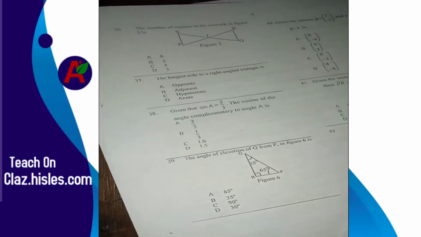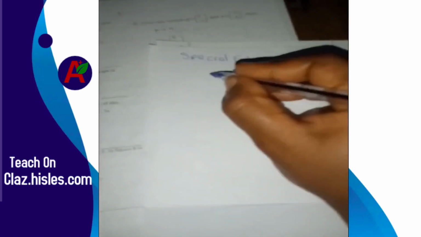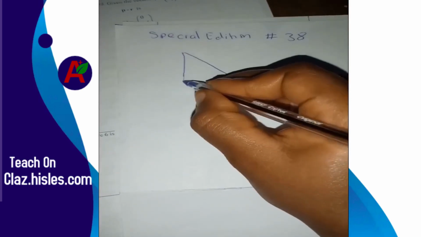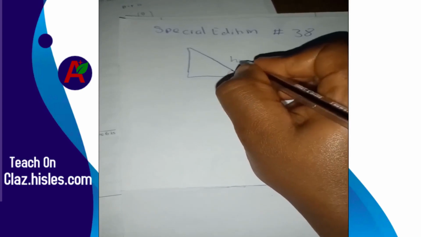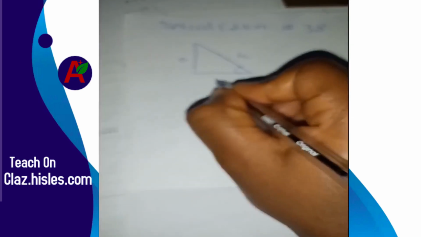Number 37. The longest side in the right angle triangle is... So what we have been given is a right angle triangle. This is our hypotenuse, this is our opposite, and this is our adjacent.